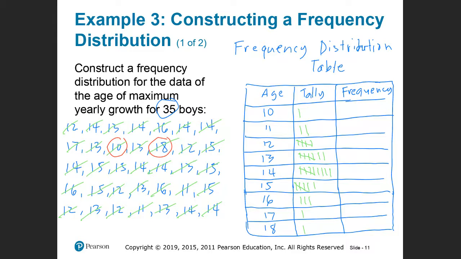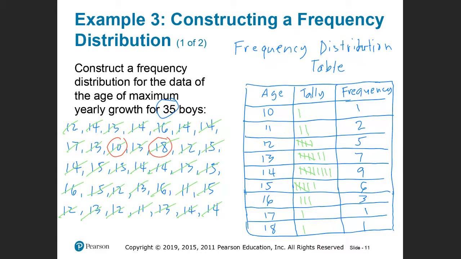So the 10, we have only one for the frequency for 10 years old, and then we got 2 here for 11, 12, we got 5, 13, we got 7, 14, we got 9, and 15, you got 6, 16, you got 3, 17, you got 1, 1 for 18.